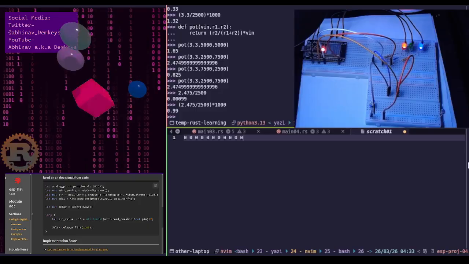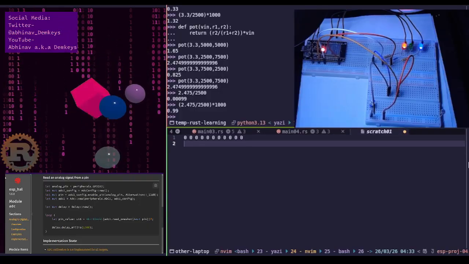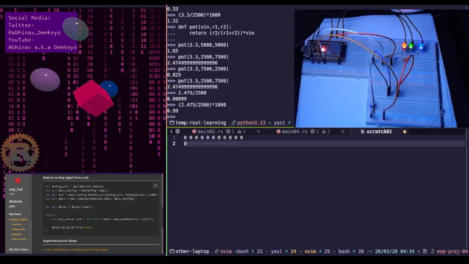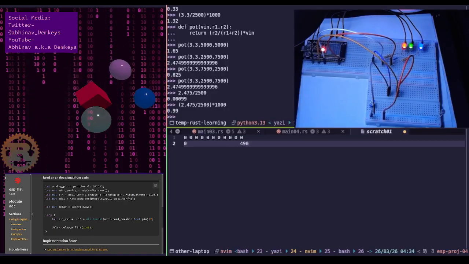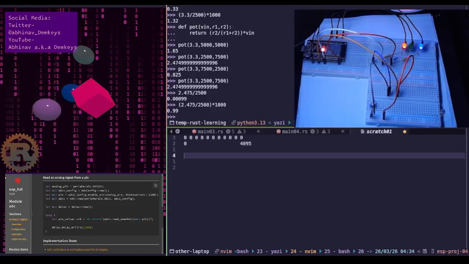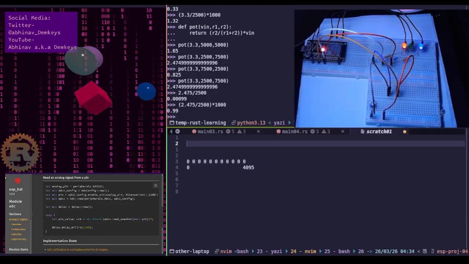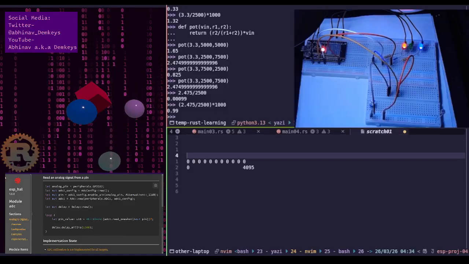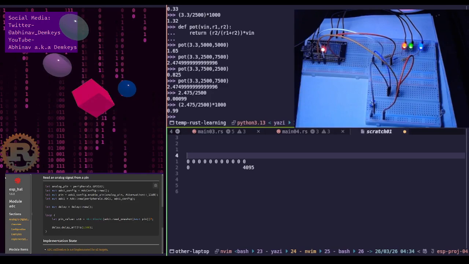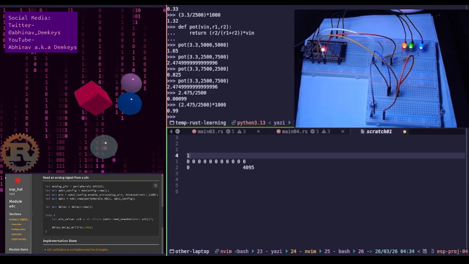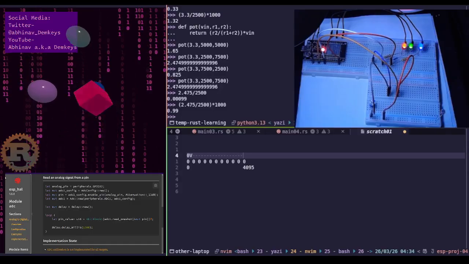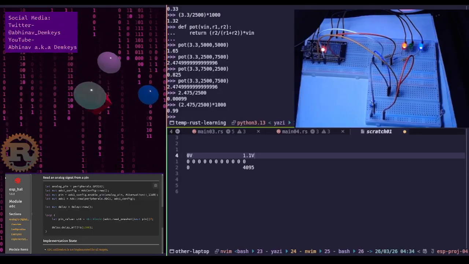And let's say this range is 0 to 4095. This is our range, right? And let's say this is supposed to be 0 volts, and then once we go here, this is supposed to be 1.1 volt.